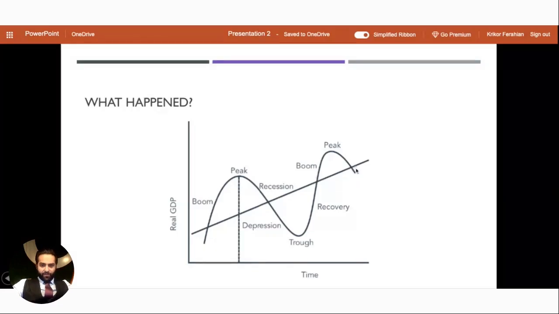To those who haven't seen this before, this is called the business cycle of the economy, right? You can use this to understand any kind of business or any kind of economy, any kind of industry. Now, before I go forward, I do want to clarify this is theory, right? And when we look at theory in economics, it is quite messy, and it's never exactly going to be an exact science.